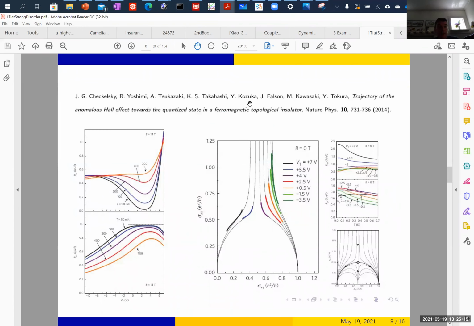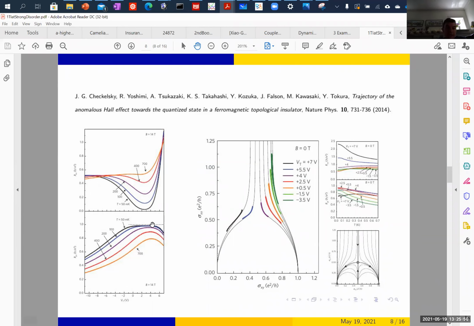I should also mention that these have actually been observed, at least for the anomalous Hall effect, and quantified extremely precisely by experiment. So here you see Hall, this is the direct, diagonal resistivity, the off-diagonal resistivity, and different temperatures from 700 millikelvin all the way to 50 millikelvin.